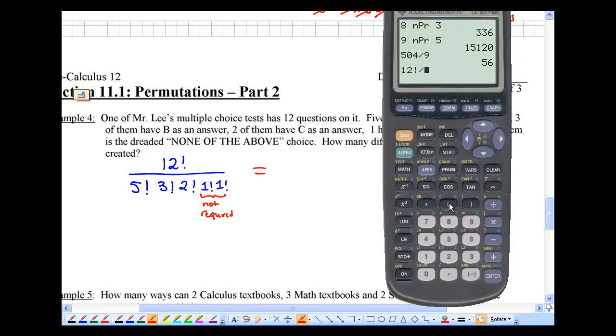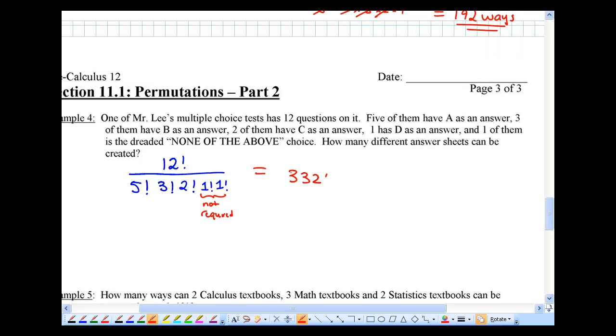Divide by, make sure you put a bracket around here, 5, once again math, PRB 4, times 3, math, PRB 4, times 2, math, PRB 4, and let's see what you get. Wow, 332,640. 332,640 ways. Okay, and I did this one by the calculator. You can do it by hand too without the calculator, just like I did on the previous ones. It will work as well.